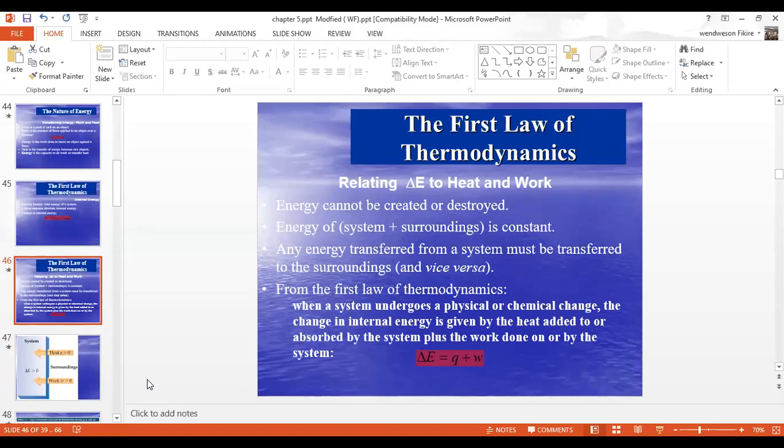So how do you relate delta E? That means delta E refers to the internal energy of the system. This delta E is the internal energy of the system.